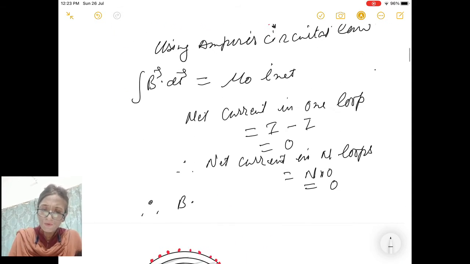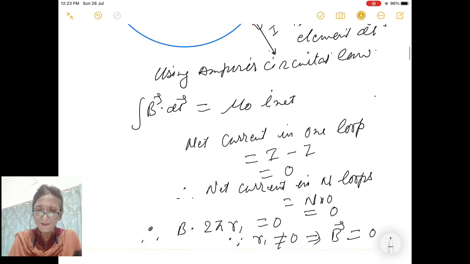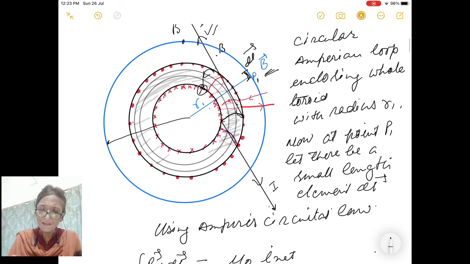Now dl is integrated to 2 pi r1 and this is equal to 0. Since r1 is not equal to 0, it implies that B outside is equal to 0. So the field outside a toroid is equal to 0.